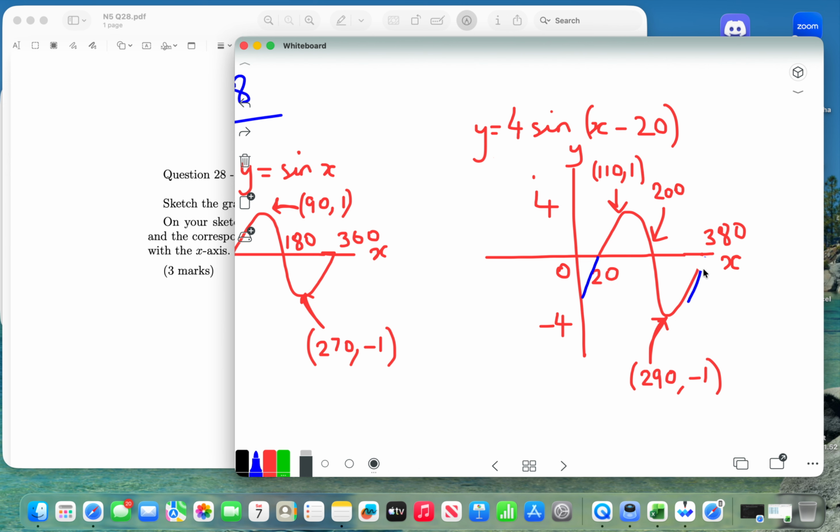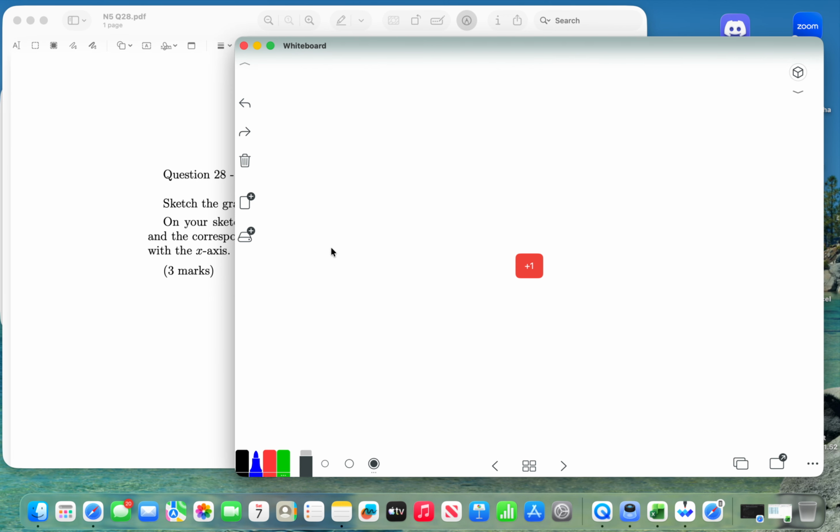But let's draw this out neatly, because this is starting to look a bit cluttered. It's looking a bit cluttered because, as I said, it's just a sketch.